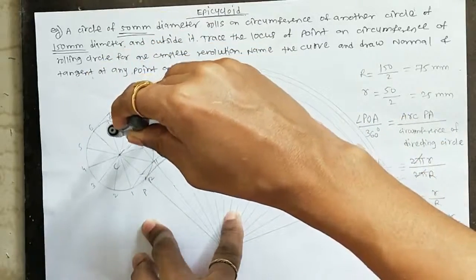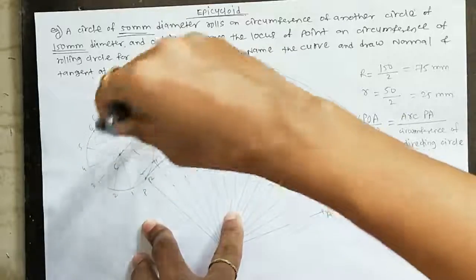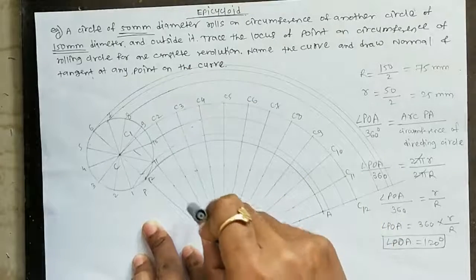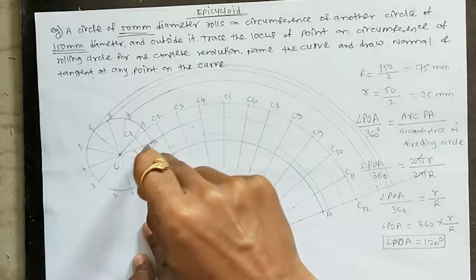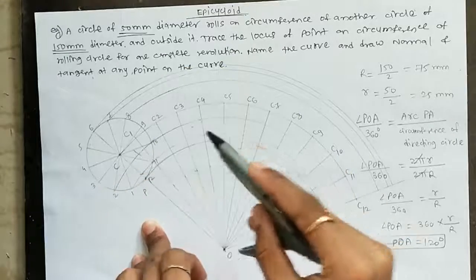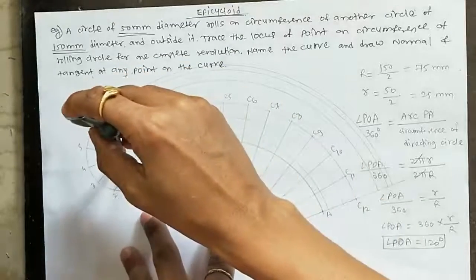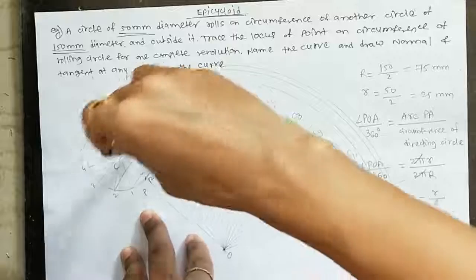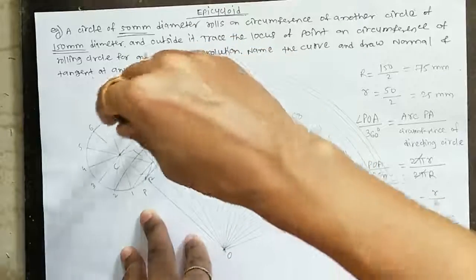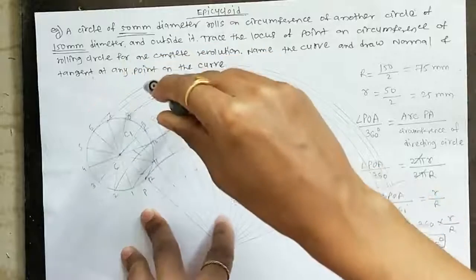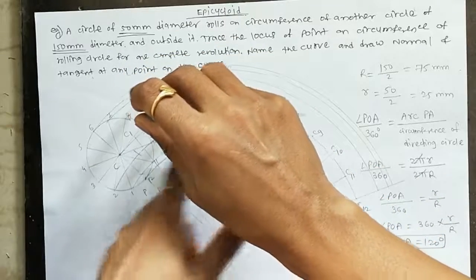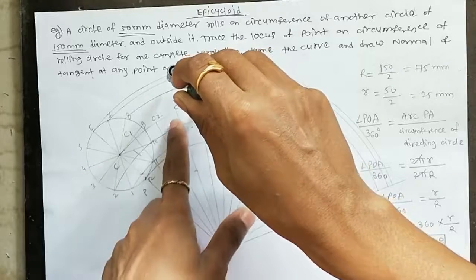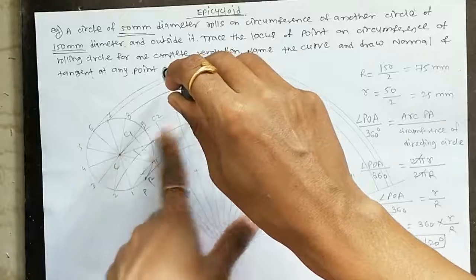Then take center C2 and draw arc. Then take center. For this, I have to extend this line up to point 2. So next, take radius as 25 mm, center C3 and draw arc on this third line. Then take center C4 and draw arc on the curve passing through point 4.